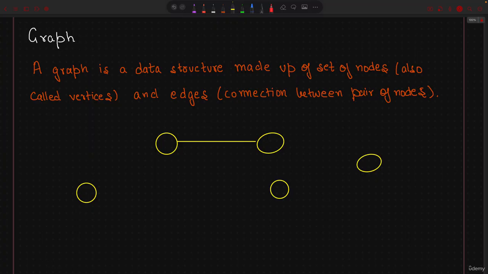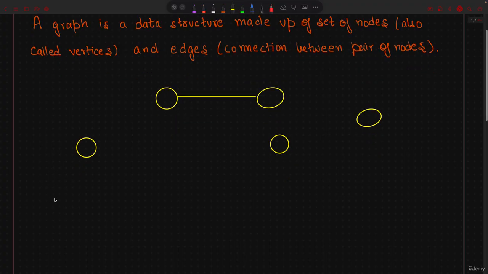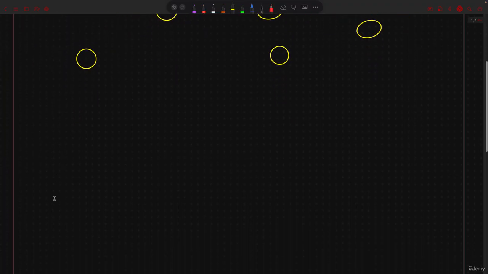The best way to understand graph in general is to think of a social network. Let me give you some real world examples. Social networks like Facebook or Instagram are a fabulous example of a graph.